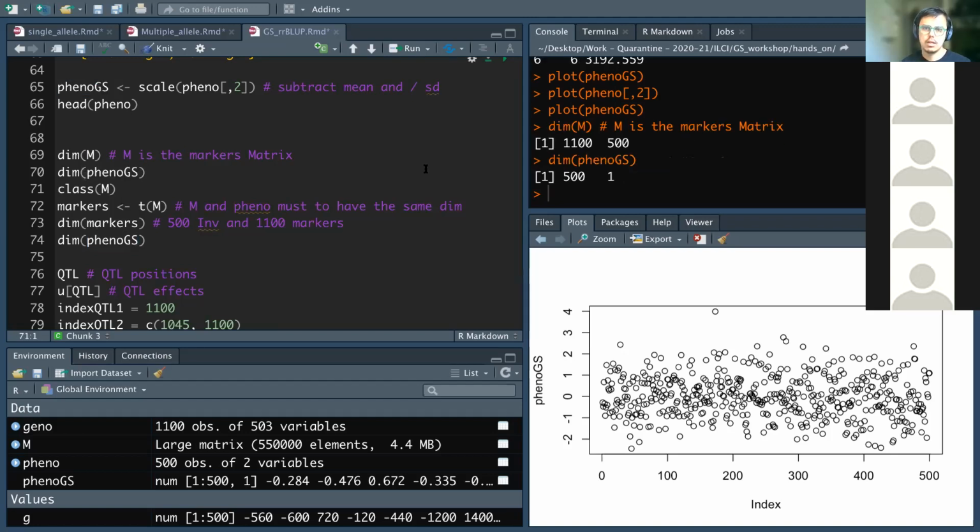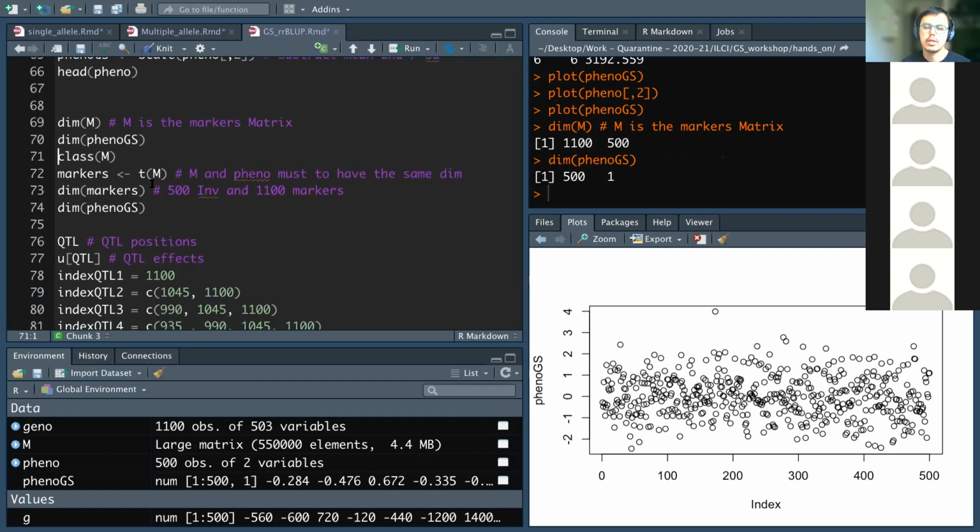As you can see here, in the phenotype, we have 500 rows and just one column, and we cannot put together this data, because they have to have the same rows to put together. So that is why we have to transpose the molecular markers, and to transpose the data, we just have to use T. That is a function to transpose, to change the column to rows.